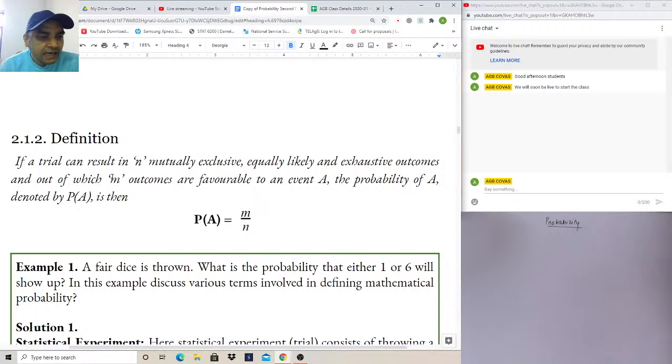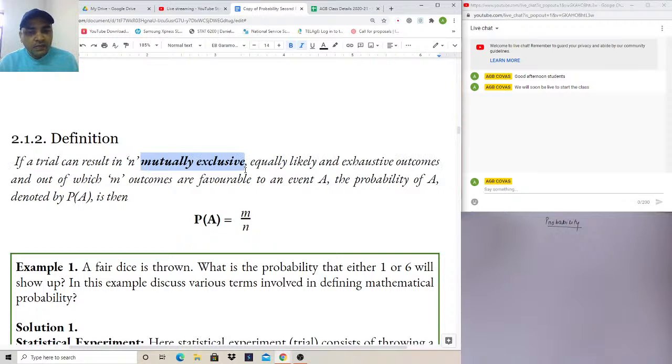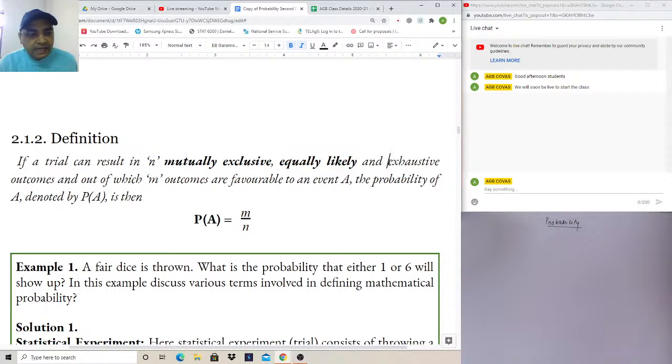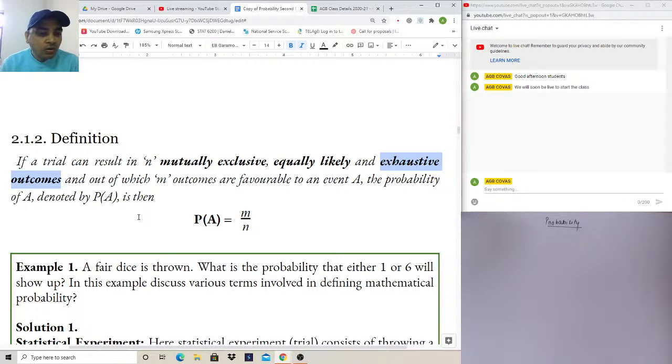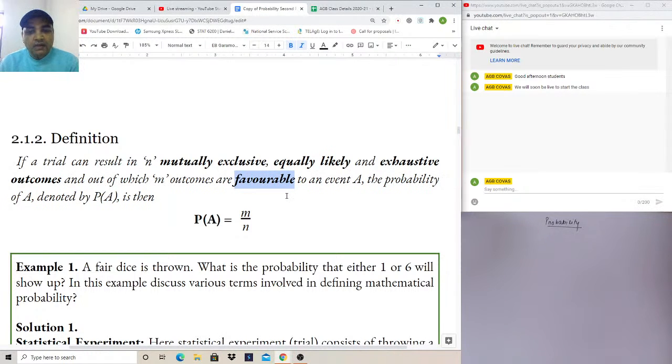So if a trial can result in n mutually exclusive, equally likely, and exhaustive outcomes, and out of which m outcomes are favorable to an event A, the probability of A, denoted by P(A), is then equal to m by n.